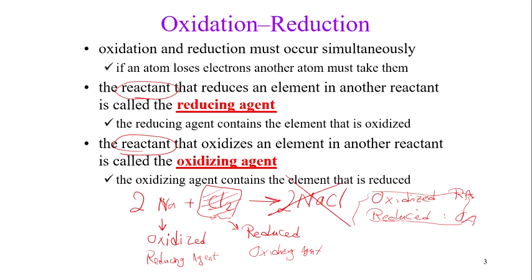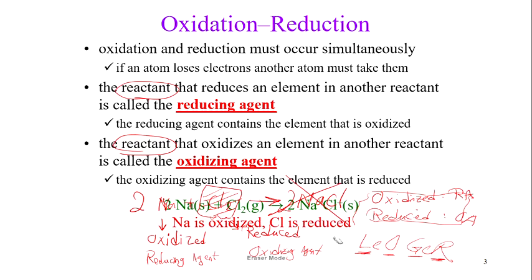I ask you to remember the definition we use in our class. Losing electrons means oxidation, oxidized. So after that, you can change to reducing agent. And gaining electrons means reduction, electrons gained by the element reduced, and we call that oxidizing agent. So let me clean it up here, and you can see everything on the slide.